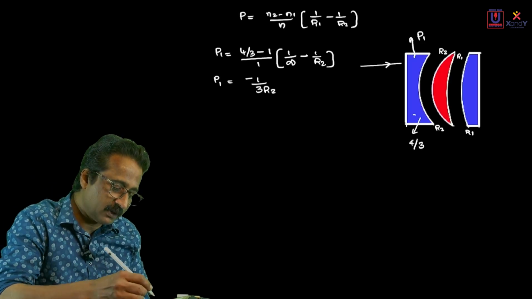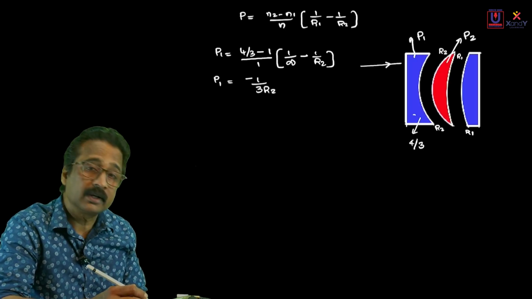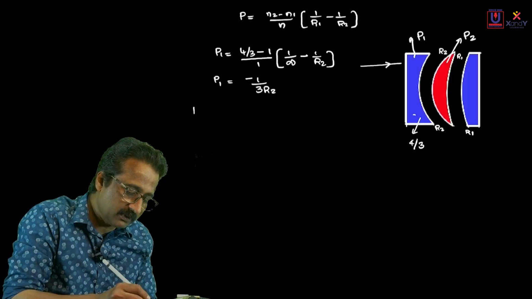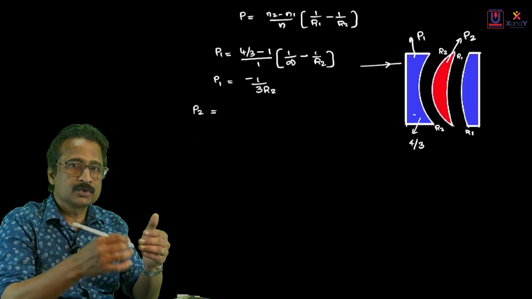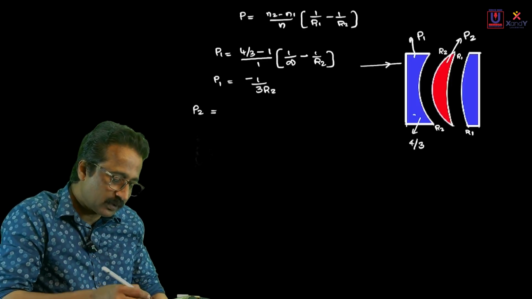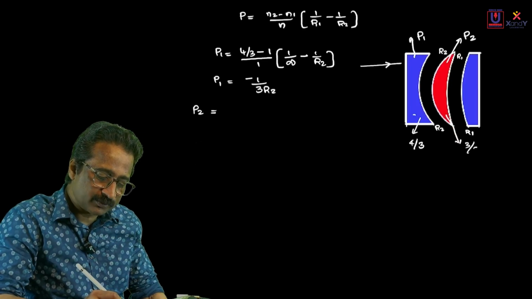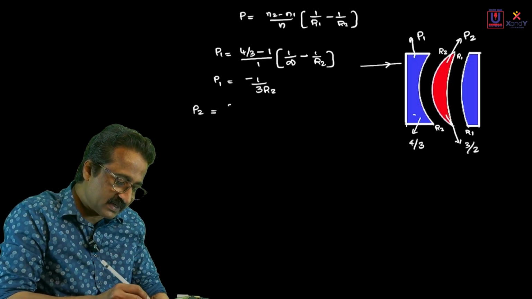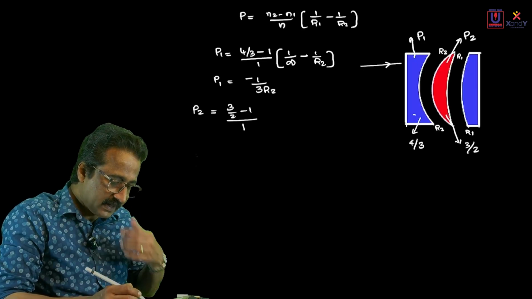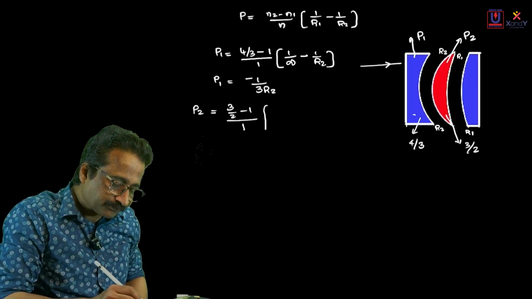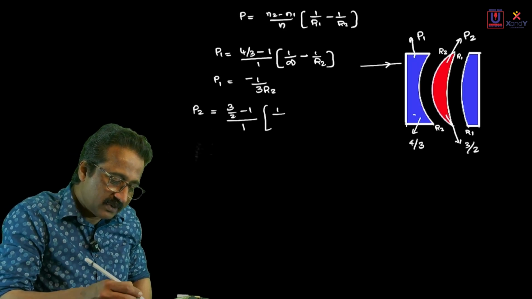Let's go to the power P2. Now remember, this second lens, I'm calling it a concave or convex lens, has power P2. Again, the surrounding medium of that lens is also supposed to be air, right? Remember, the refractive index of this lens is 3 by 2. So that is (N2 minus N1), that gives you (3 by 2 minus 1) divided by 1 again, that into (1 by R1 minus 1 by R2). 1 by R1 means first radius.